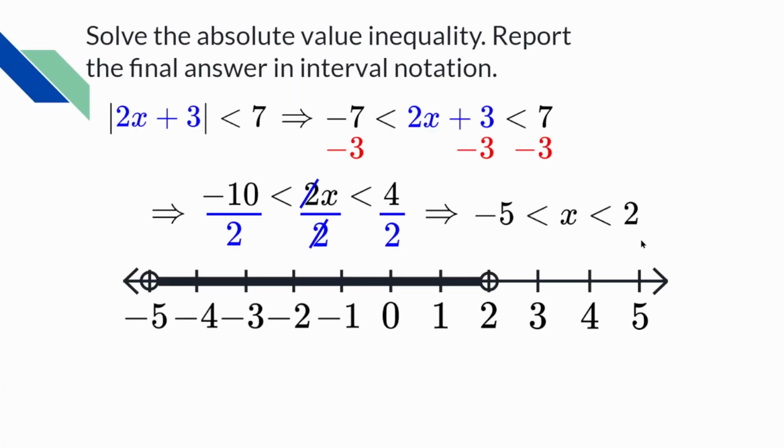So let's visualize this on the number line. We have everything shaded in between negative 5 and 2, and negative 5 and 2 are not included, so we have circles there. Which means in interval notation, we need to use parentheses. We have everything from negative 5 up to 2, and negative 5 and 2 are not included in the solution set. So this is our final answer.